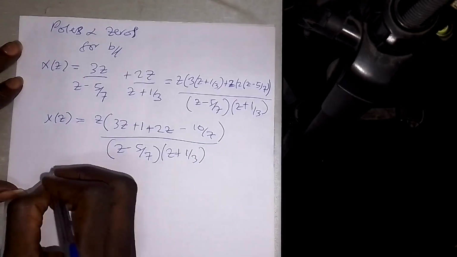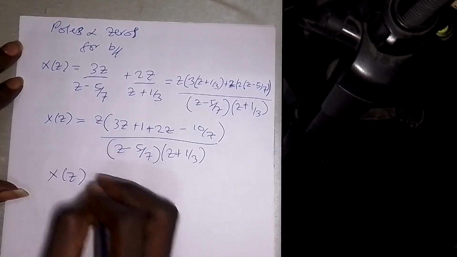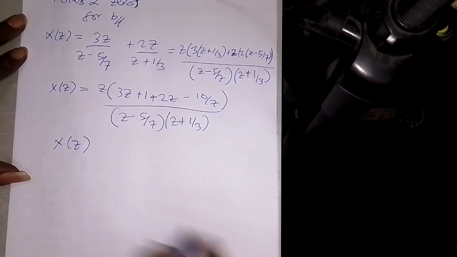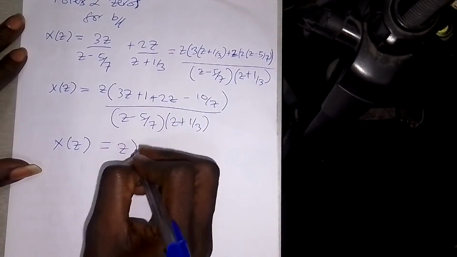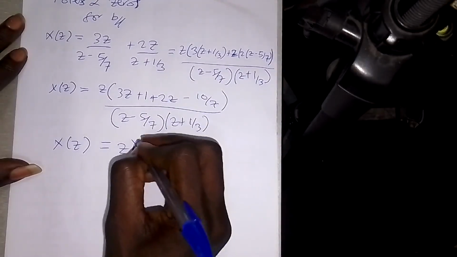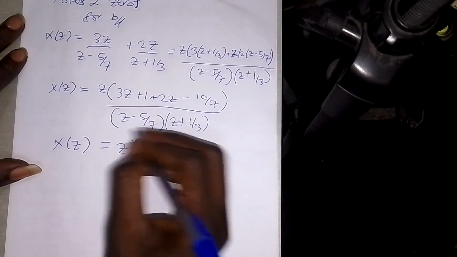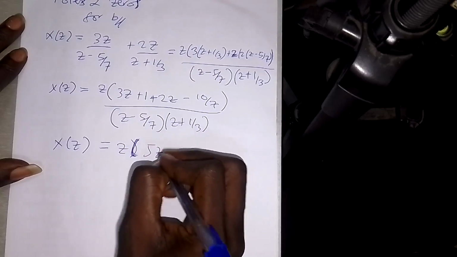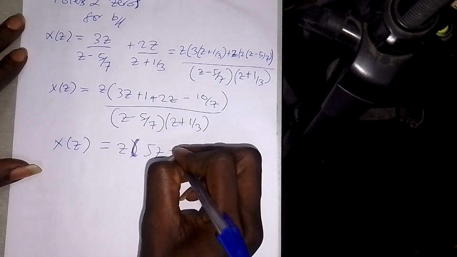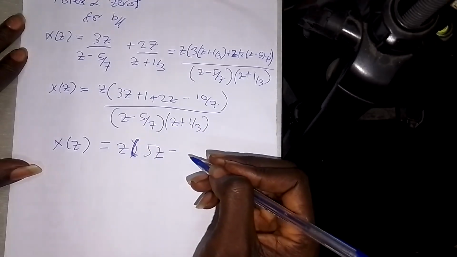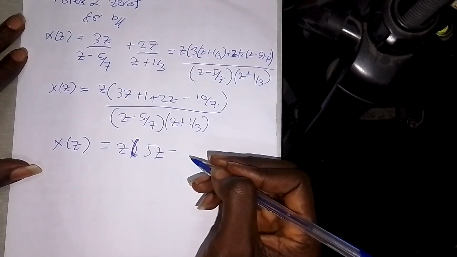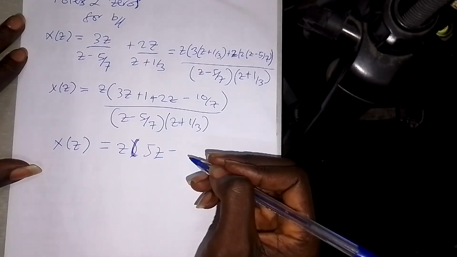If you do your simplification further, then you're going to have Z out. You're going to get 5Z minus, let me check well.